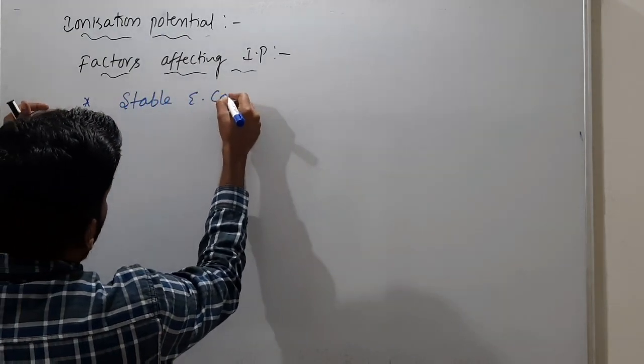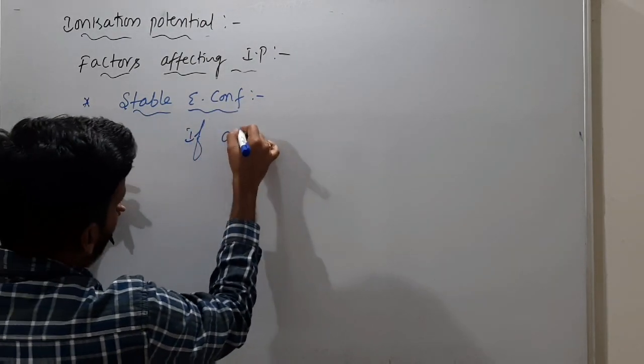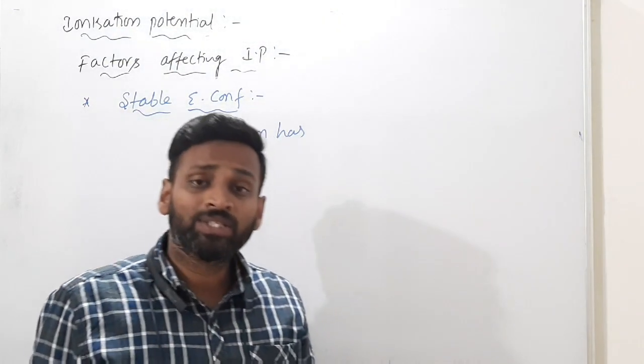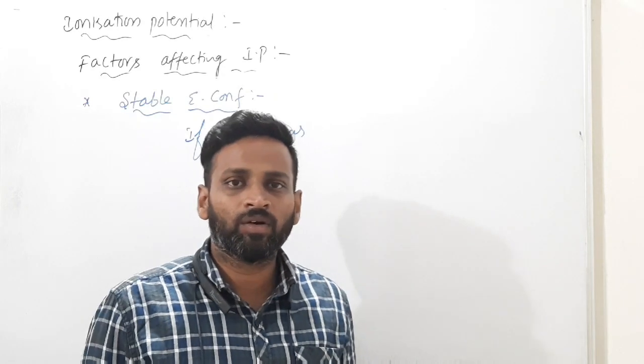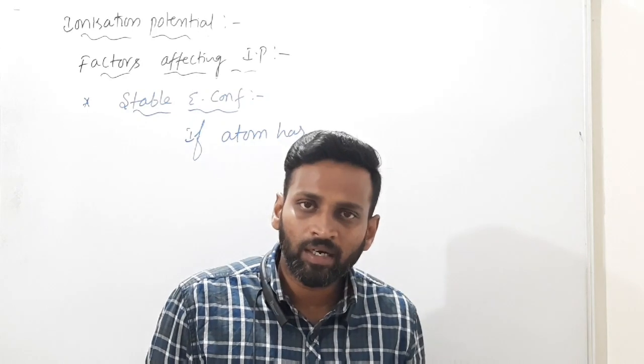Stable electronic configuration. If an atom already has a stable electronic configuration, then can you remove an electron?